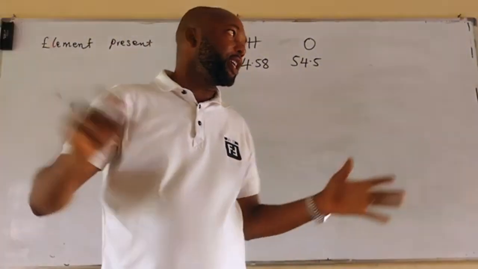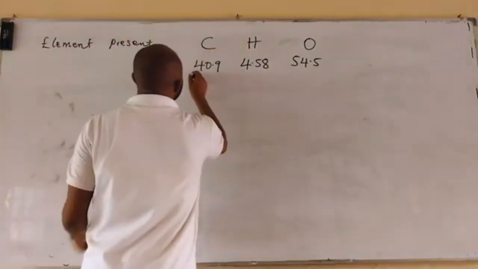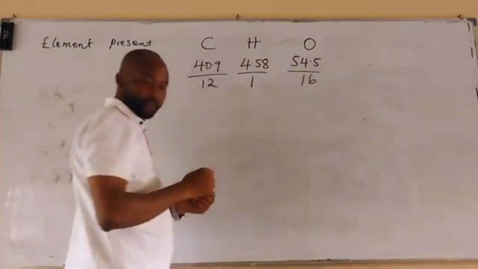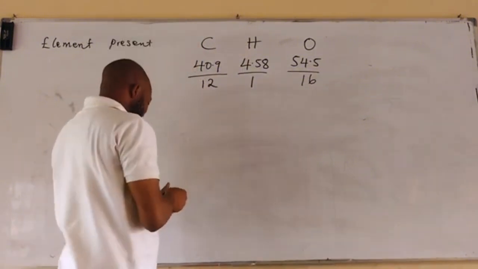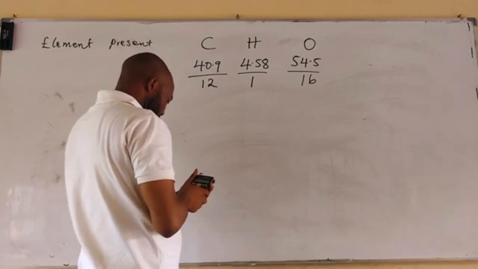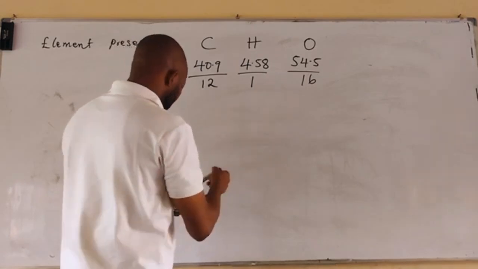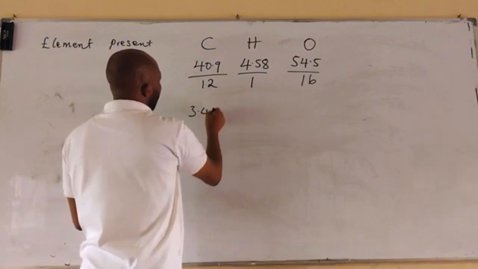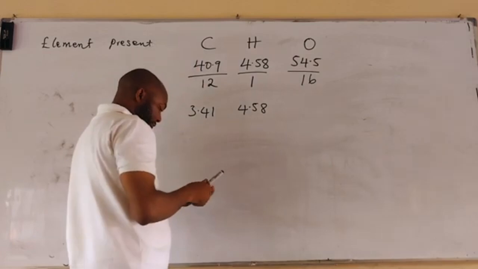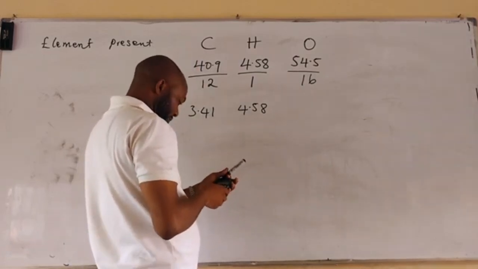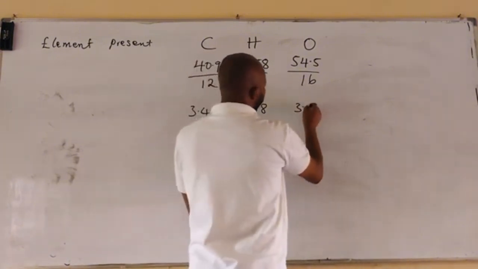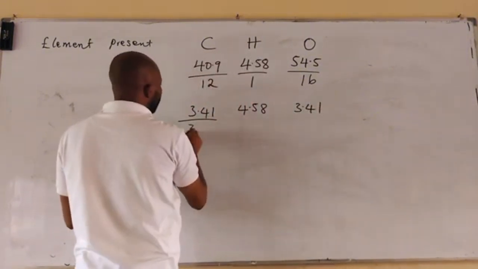We will get to the 180, but let's finish here first. So this is divided by 12, this by 1, and this by 16. 40.9 divided by 12 is 3.41. 4.58 divided by 1 is the same, and 54.5 divided by 16 is 3.41. We divide by the lowest, which is 3.41.